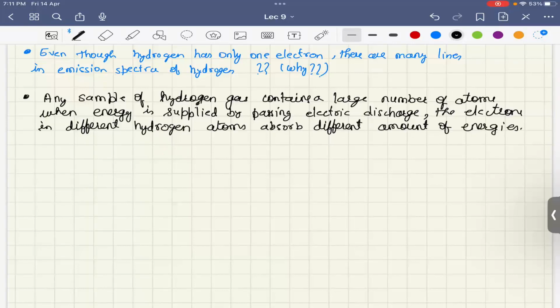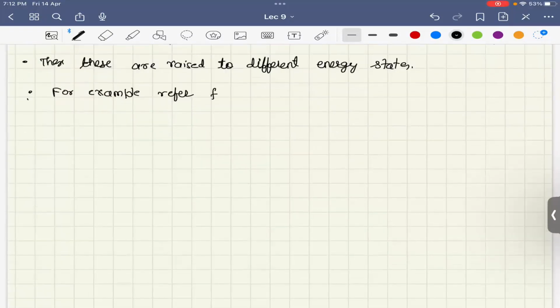Therefore, these are raised to different energy states. For example, see the figure on the next page.